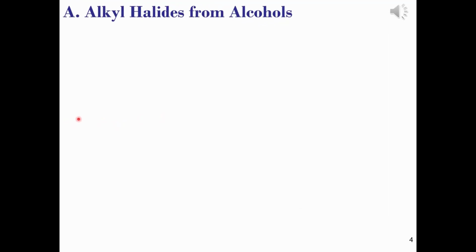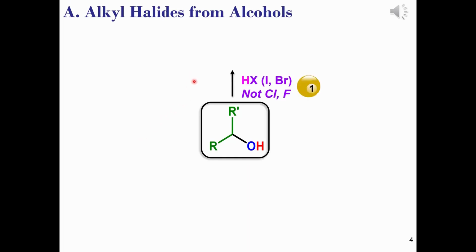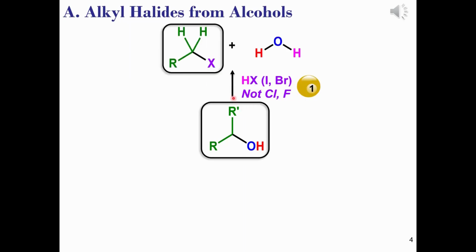There are 3 possible synthetic methods for making alkyl halides from alcohols. In the first instance, this is marked by the yellow pool ball. We're treating the R prime group as a methylene group, that's CH2, thus making this a primary alcohol substrate.